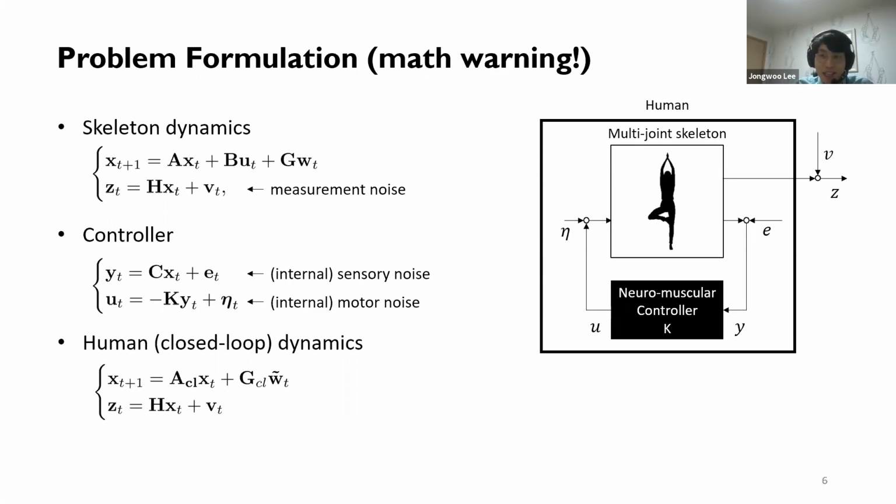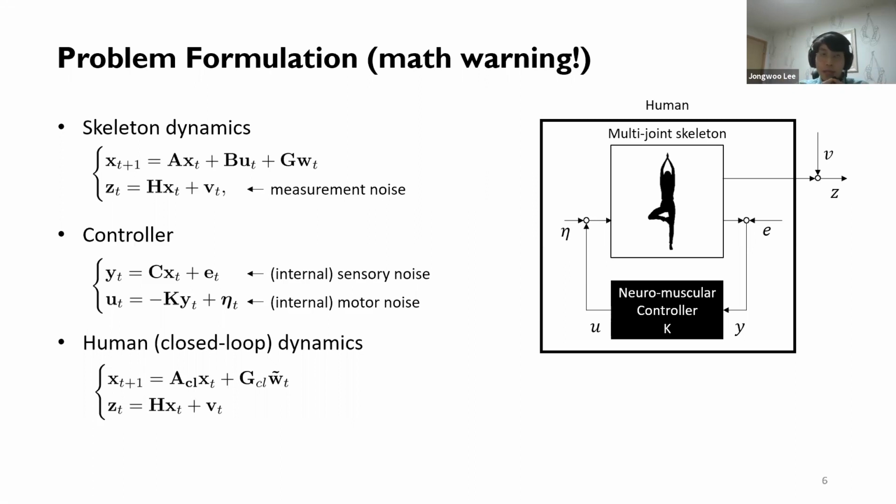Our human postural control system can be mathematically described as on the left panel. The human body can be described with the joint states X and the input joint torque U. And we model the postural feedback controller with the controller gain matrix K acting on sensory measurements Y. And these sensory measurements and the execution of the joint torques are corrupted by internal noise.